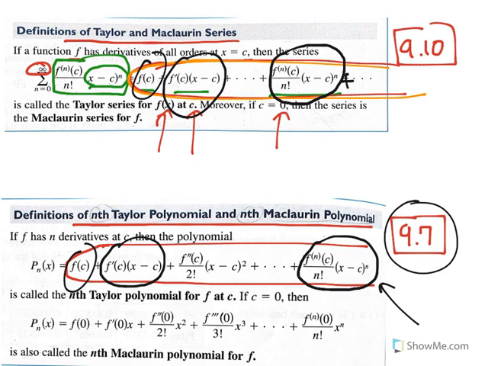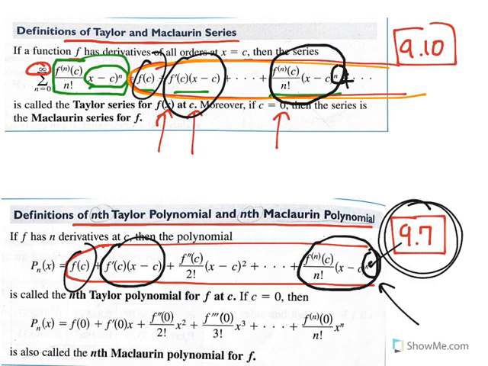One of the things we want to consider in 9.10 is, if in 9.7 an nth degree Taylor polynomial approximated the function f centered at c, and the higher the degree, the better the approximation, then what if we have an infinite Taylor series? How would that relate to the original function? Would it be an exact representation of the original function from which we derive this Taylor series? That's basically the question we want to ask in this section, and we'll be looking at that question tomorrow.